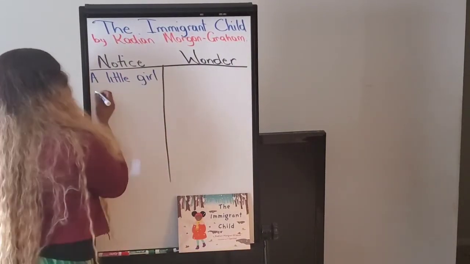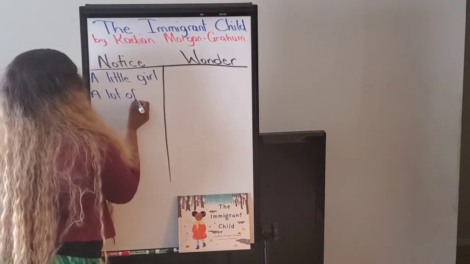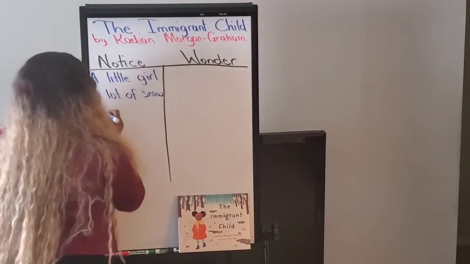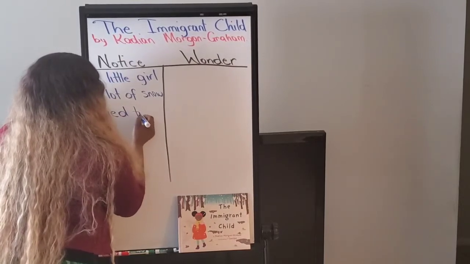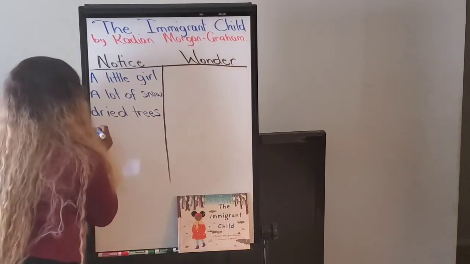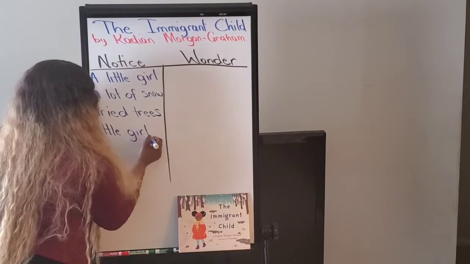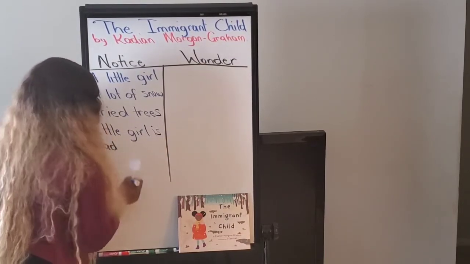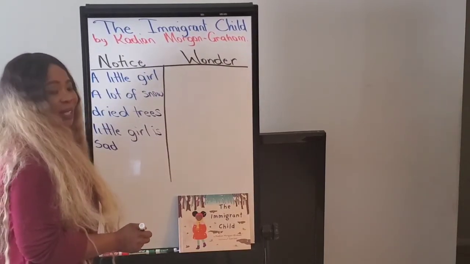You could tell me that you also see a lot of snow. And you would be correct. You would tell me that you see dried trees. You could also tell me that the little girl is sad. Okay, what else? You could tell me that the little girl looks cold.